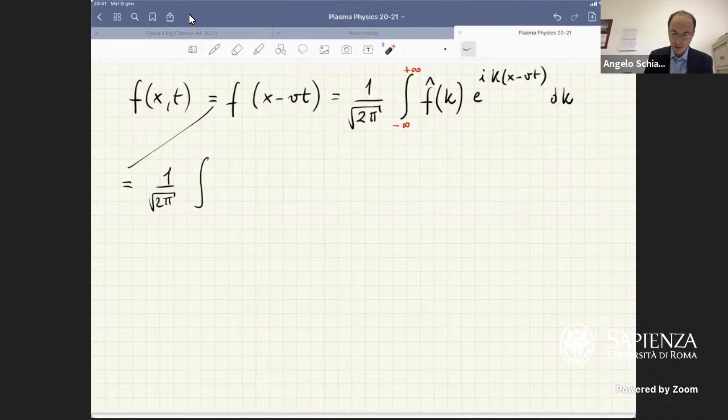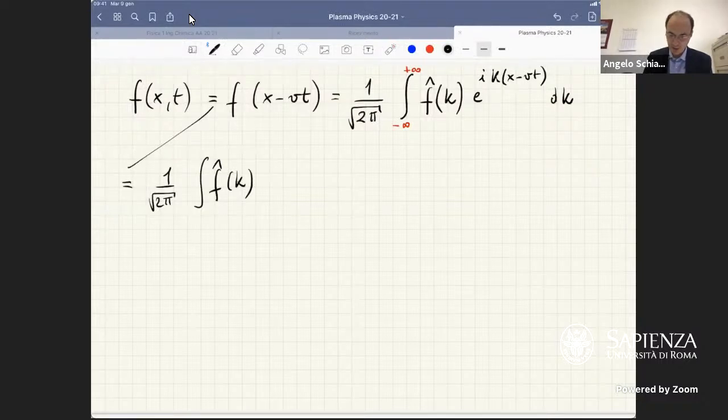From now on, I'll drop the domain, so it's just an integral over all k space from minus infinity to plus infinity. And we have the f hat of k. Then we rearrange the exponential.